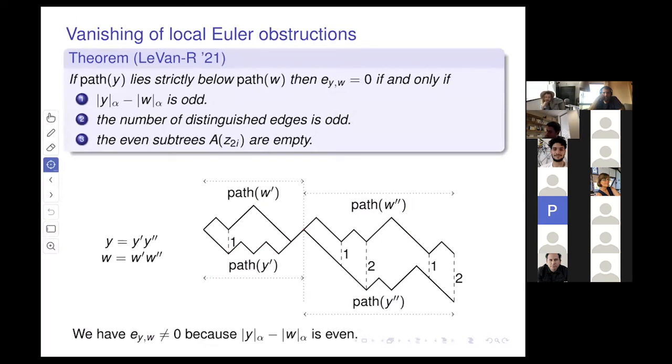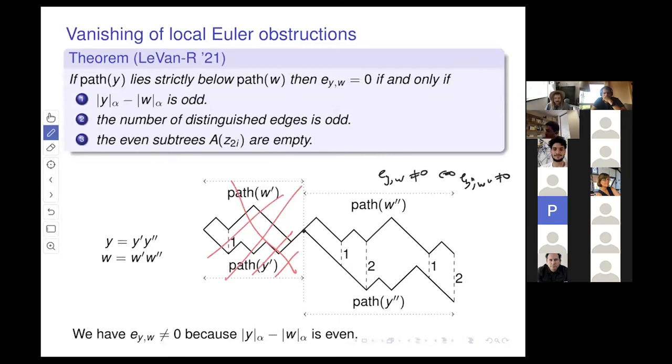Now if the paths meet, then you can just look at the last time they meet and completely ignore everything that comes before this point. The question of whether the Euler obstruction is 0 for the pair y and w is the same as whether y double prime, w double prime is not 0.